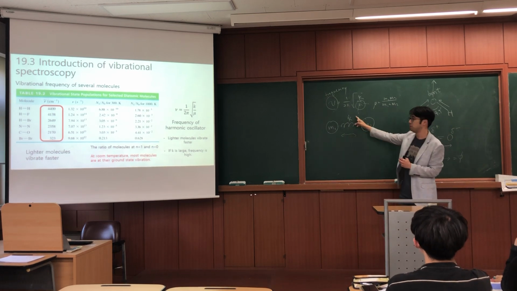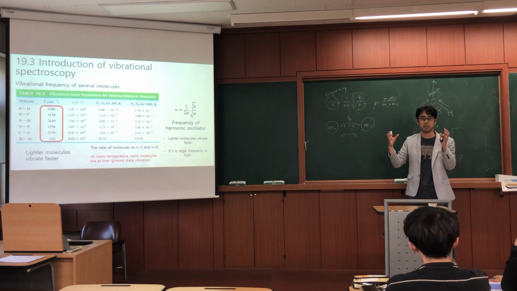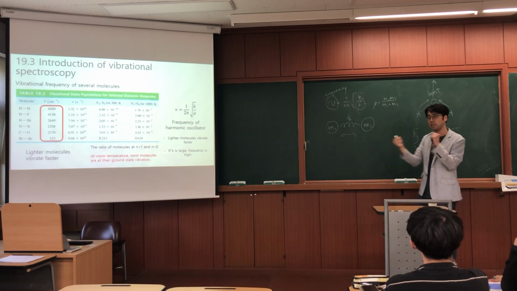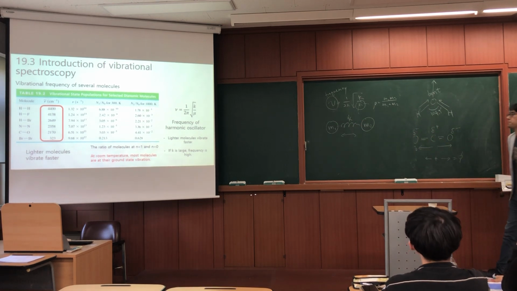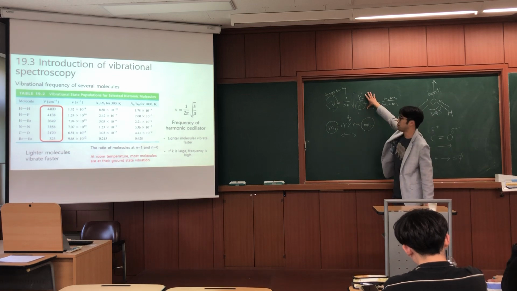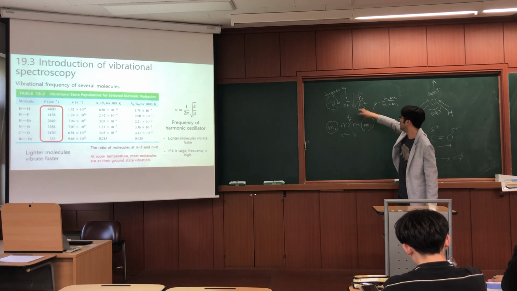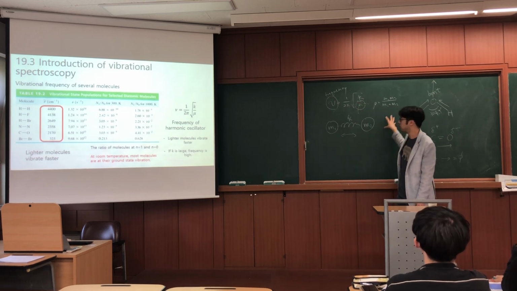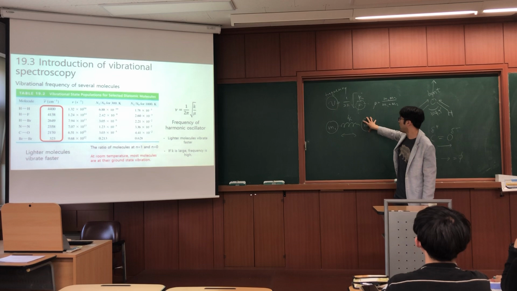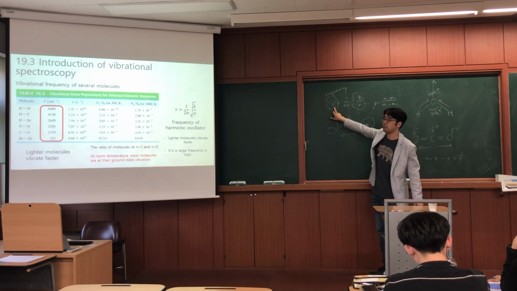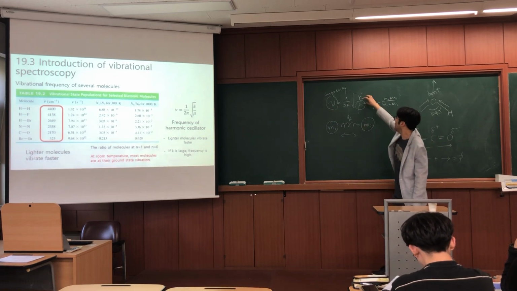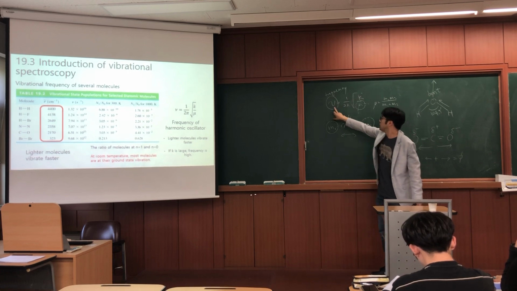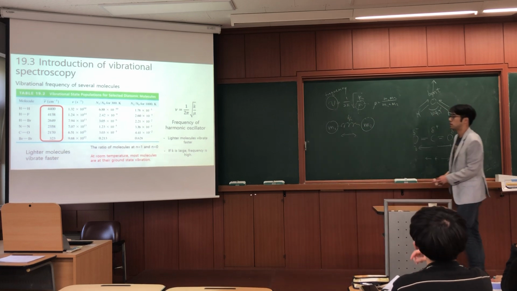k is the force constant of this spring. The force constant means that if k is large, this spring is very stiff, and if k is small, then this spring is weak. If you look at this equation, mu increases as m1 and m2 increase. So this means that heavy molecules vibrate slowly, and when k becomes large, the spring is stiff and they oscillate faster.